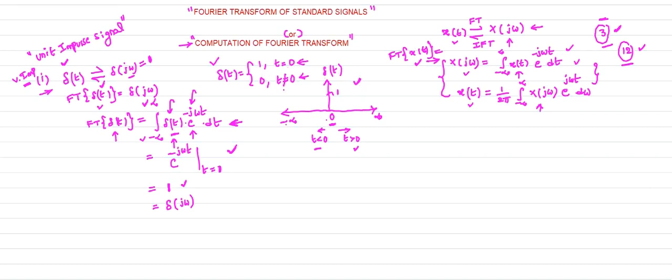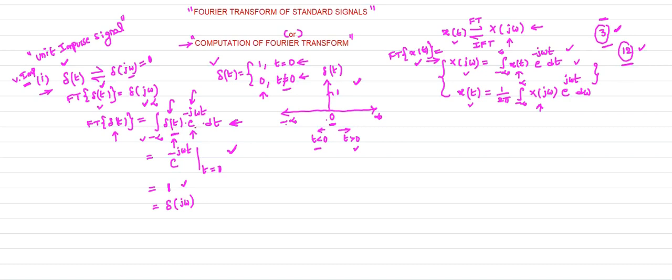Other than time t equal to 0, its value is 0. So this is about the unit impulse signal. Now how can you find the Fourier transform of the unit impulse signal? You just use the formula of the Fourier transform. If we observe this integration, the function e power minus j omega t is multiplied by delta of t.